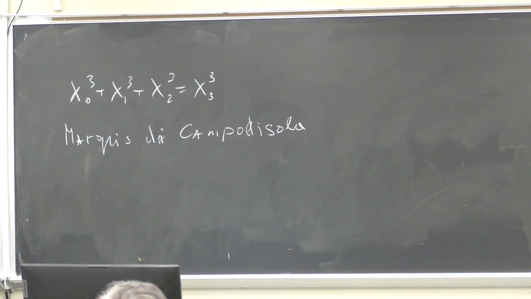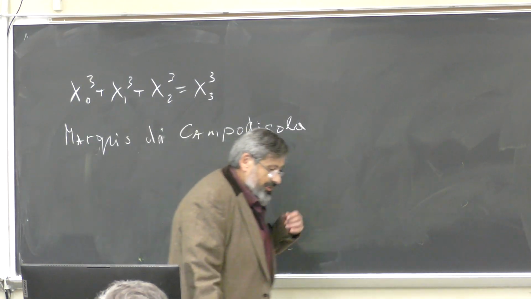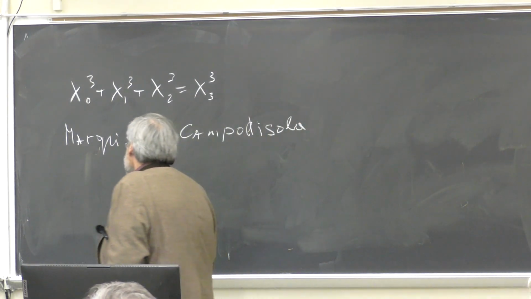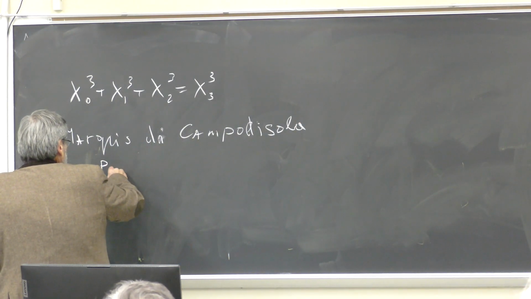Actually, he was also a mayor of Naples for quite some time. But in mathematics, his name is Pasquale del Pezzo.